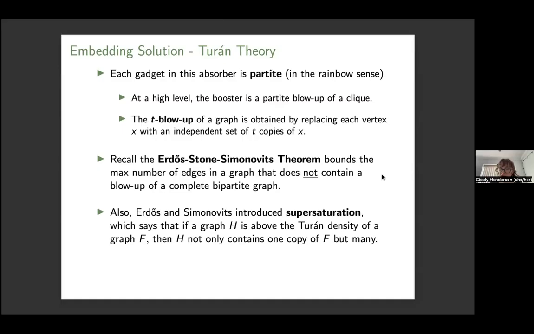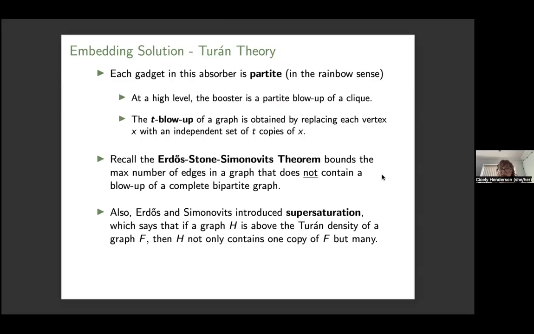And also, Erdős and Simonovitz introduced the classical notion of supersaturation in Turán theory, which broadly says that if a graph H is above the Turán density of a graph F, then H not only contains one copy of F, but actually contains many copies.